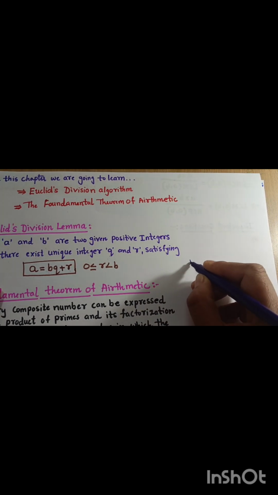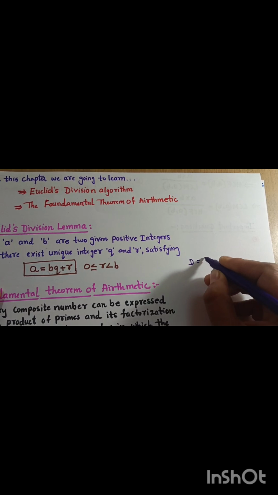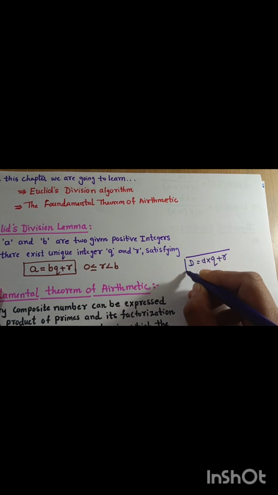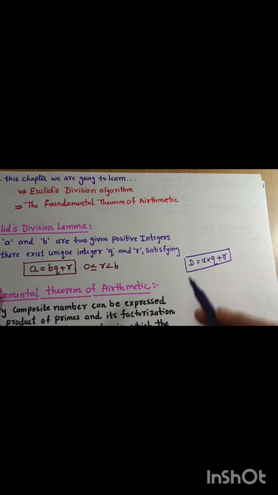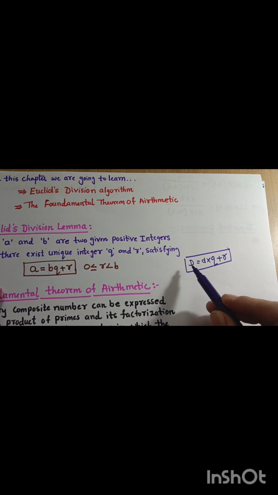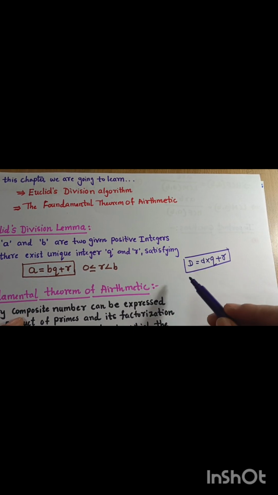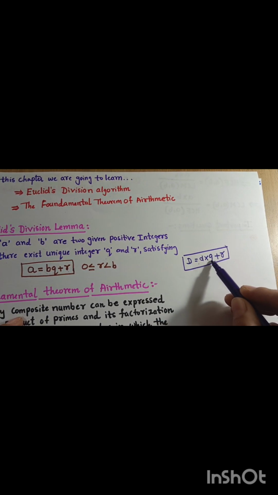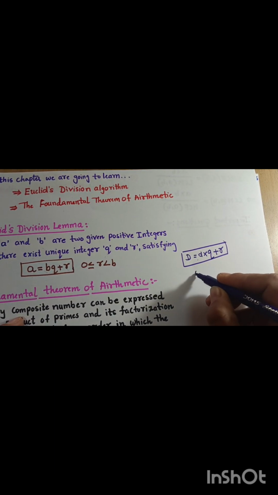Dividend is equal to divisor into quotient plus remainder. You learnt this from third standard onwards. See here one example.